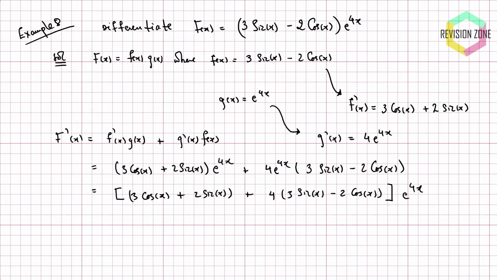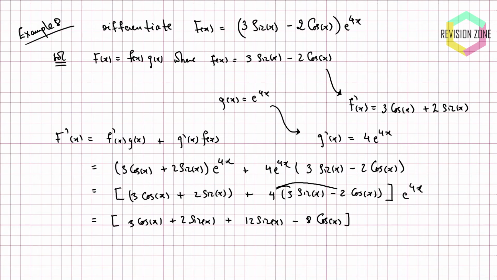So let's combine everything in the big brackets. Well, okay, so I'm going to get 3 cos x plus 2 sine x. Now expanding this thing here, I can easily write down 3 times 4 is 12 sine x, and 4 times minus 2 is going to be minus 8 cos x.